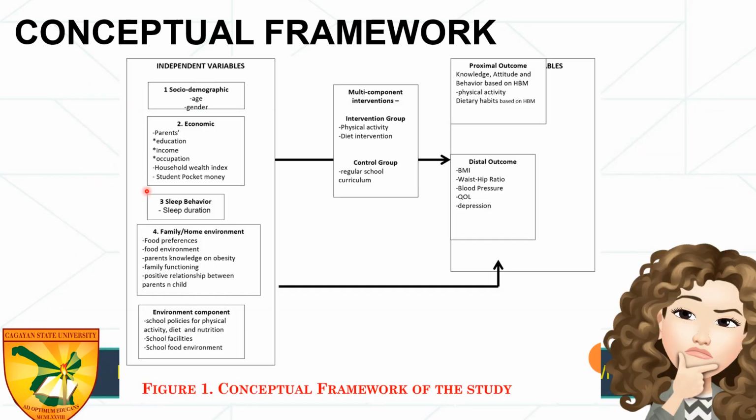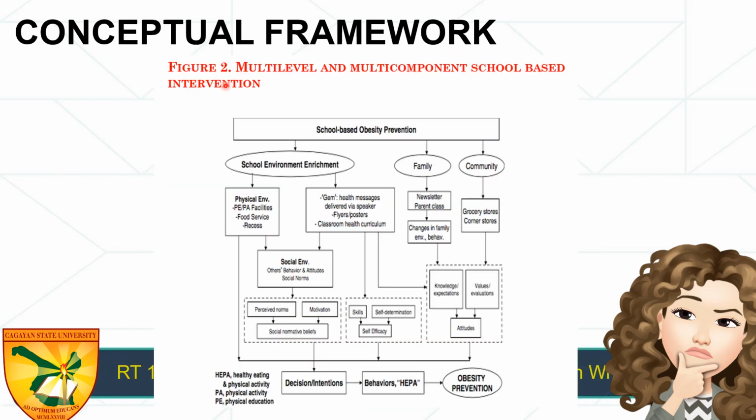So these are other examples of conceptual framework. You have here looking at independent variables, the interventions, and the dependent variables. You can see here another one which is actually complex, and this is what we usually use in graduate school, masters and dissertations.